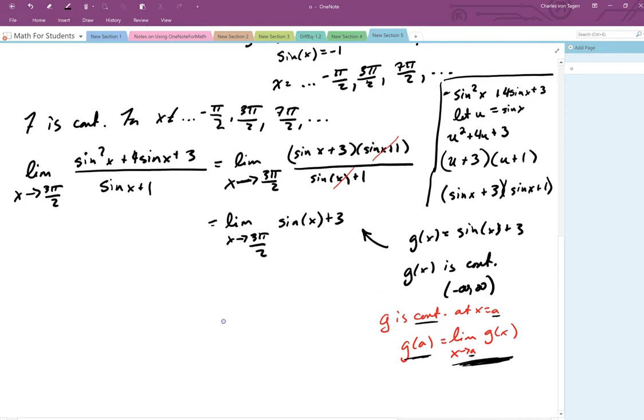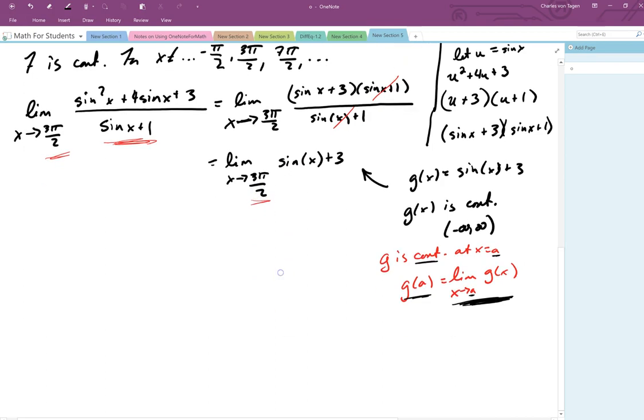We couldn't use direct substitution before because the limiting value was a place where f of x, the first function, was discontinuous. But through some rearranging, we've broken it down to a simpler function that is continuous at our limiting value, and everywhere else for that matter. So now we can simply evaluate the corresponding function in lieu of taking the limit.